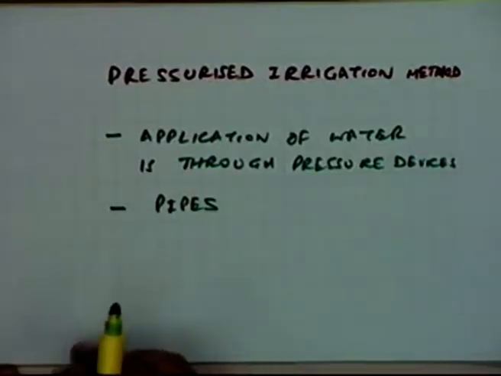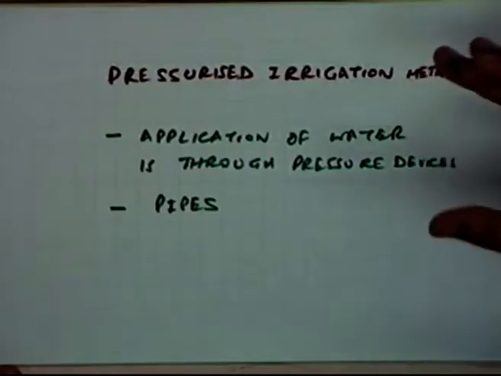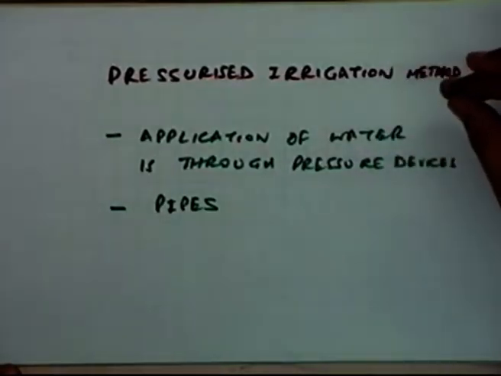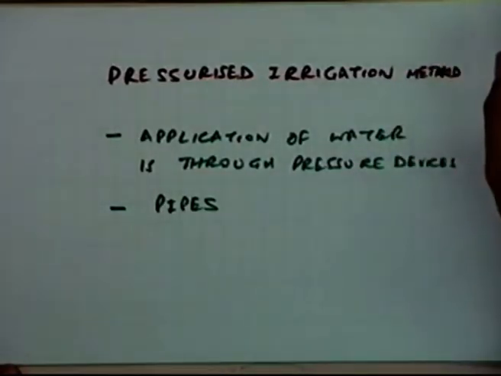There are many different variations of this pressurized irrigation method. They can be different categories, either dependent on what type of devices you are using, or what is the order of magnitude of the pressure, and that is how the devices will also be varying.